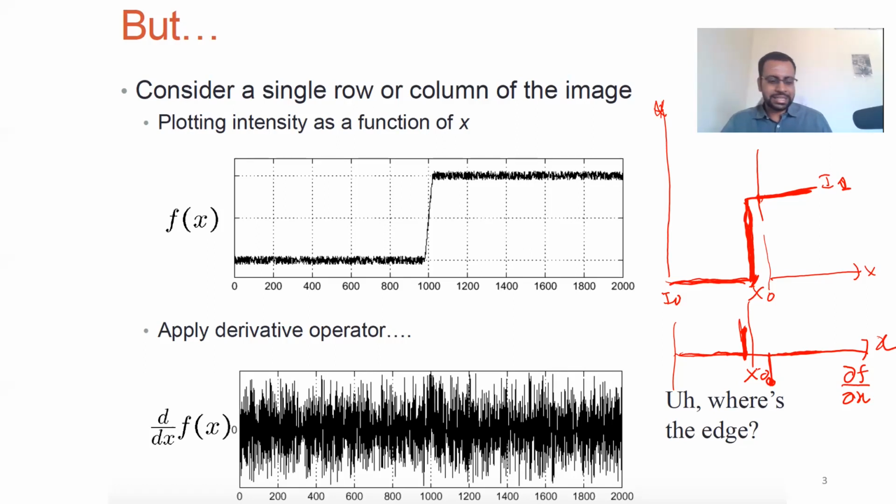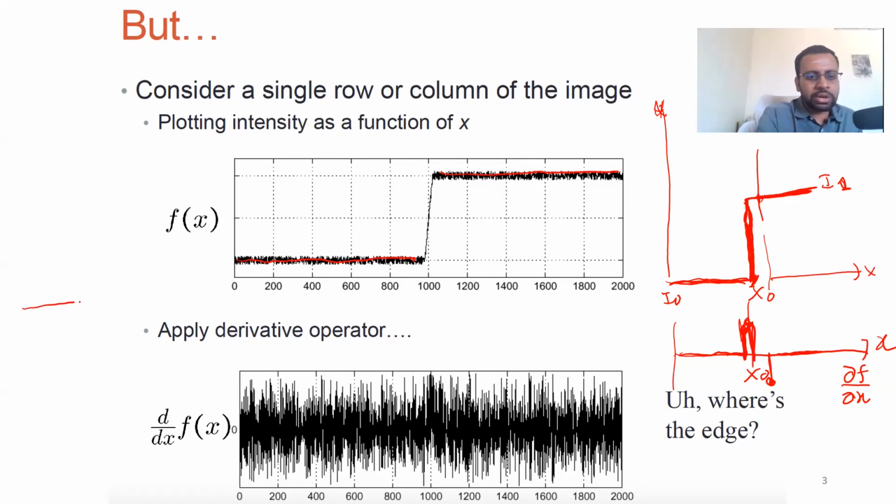Now, we have seen that it's very common that images could get corrupted by noise. So assume that a small, constant percentage of random noise got added to this profile. That's the small noise that got added. Now, this was a step, so perhaps here I will get just a single peak.